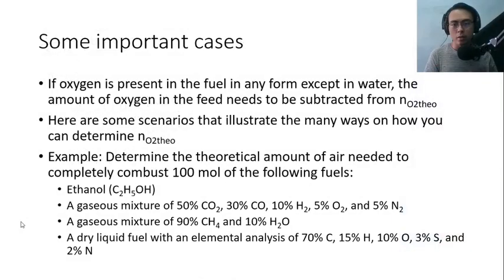Okay, last one. A dry liquid fuel with a given elemental analysis. For this instance, let's say that we are not given 100 moles. Let's say that we are given 100 grams of the fuel because we're talking of a liquid fuel. So let me first write the given.